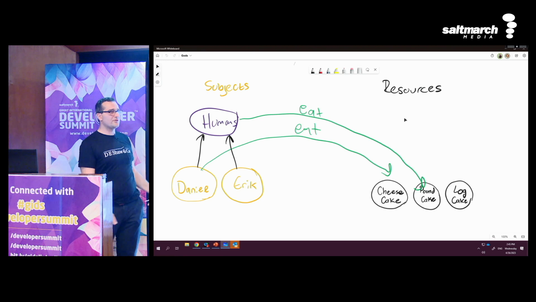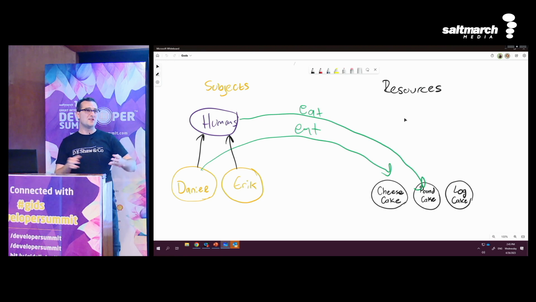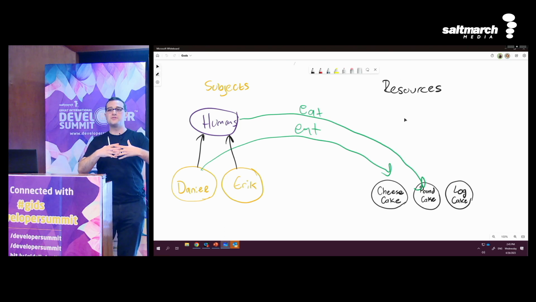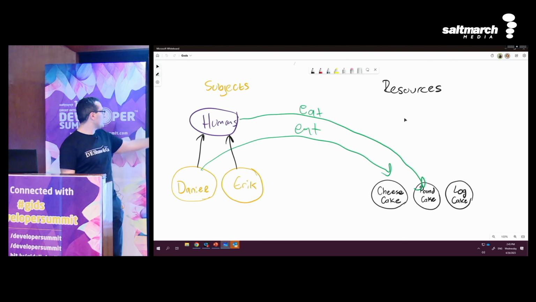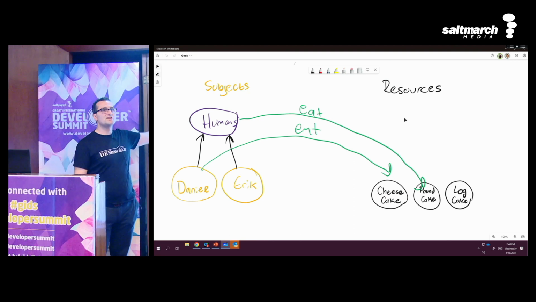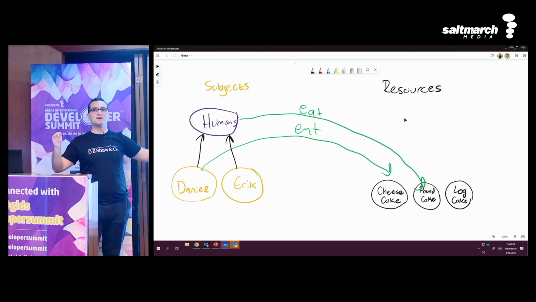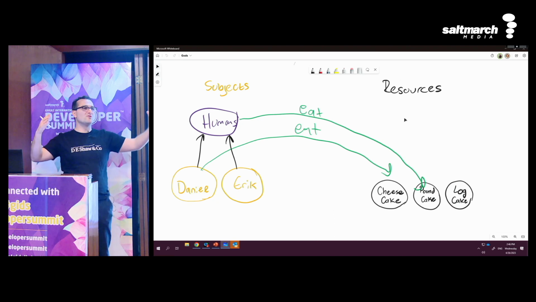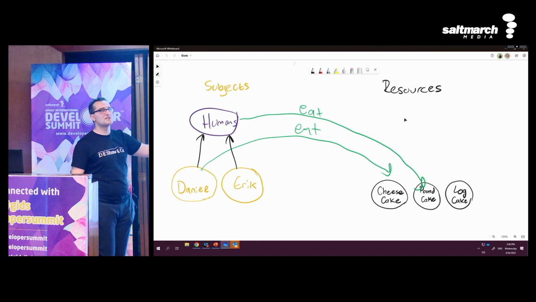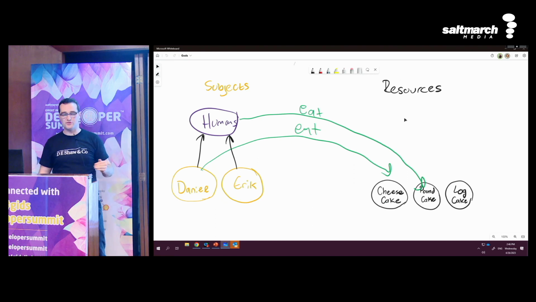Now we can ask the question, can Eric eat pound cake? We all answered yes. We can see the policy here and understand why Eric is able to eat the pound cake. Eric can eat the pound cake because Eric is a human, and we said humans can eat the pound cake. We can represent the organization here on the left, with some hierarchy of groupings of people, and concisely represent these groupings being able to do certain things.